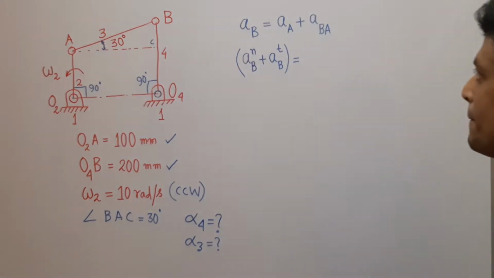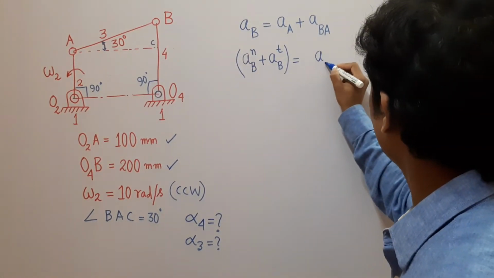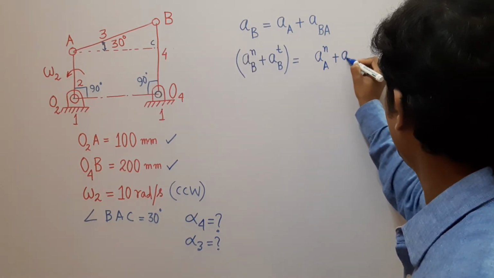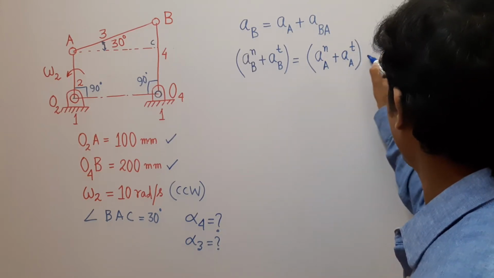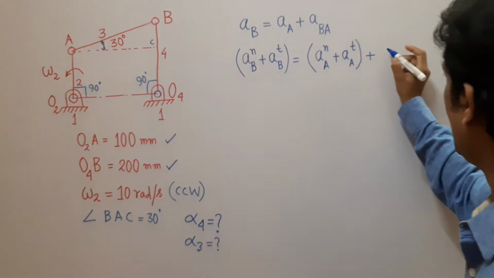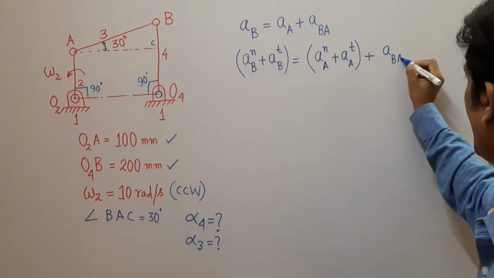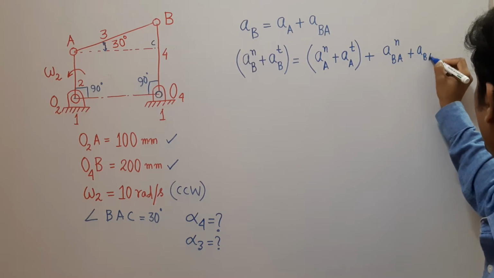Similarly, AA has two components, AA normal component plus AA tangential component. Similarly, for ABA, it has two components, ABA N plus ABA T.